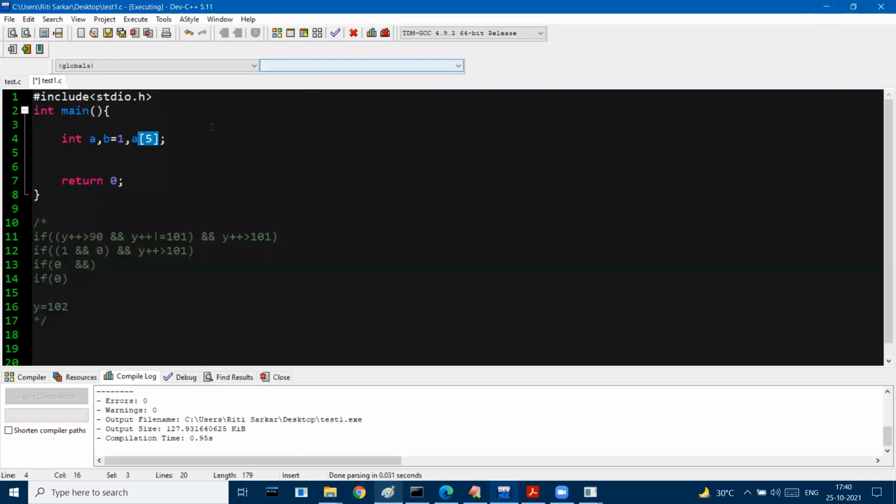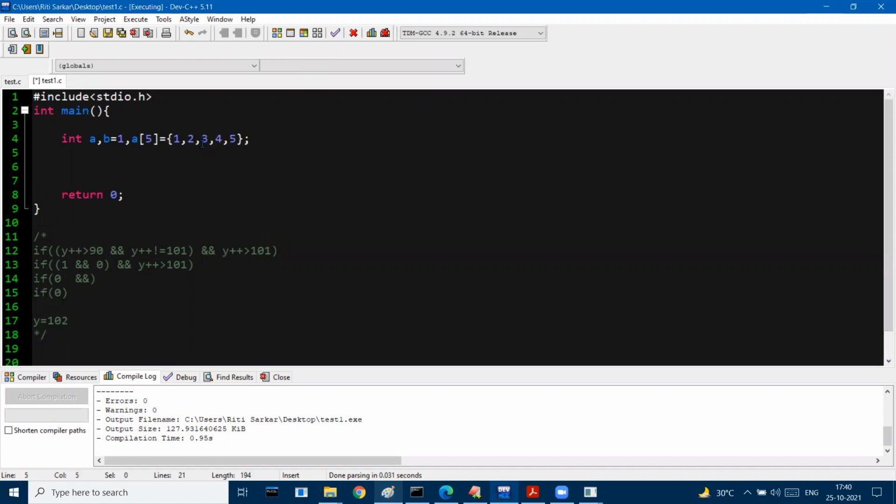Now, let me go for the example. Here, I'm having one array where the elements are initialized with some values, guys: 1, 2, 3, 4, 5. My array is initialized with 1, 2, 3, 4, 5. Now I'm writing a = 5 * 4 + A[--b].